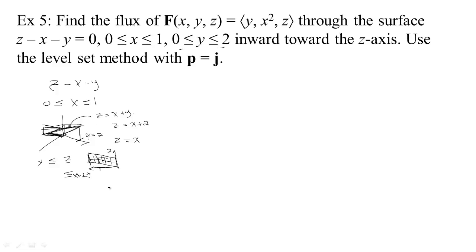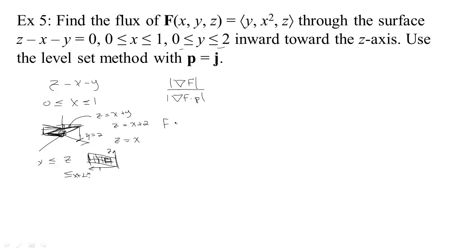That's a step forward. Now what we need to do is to get a conversion factor so that if we have a little patch of area here in the shadow, when we project down the y-axis, how do we get the actual area of the patch on the surface? Well, when we have it as a level set, then the conversion factor is the length of the gradient of f divided by the absolute value of the gradient of f dot the projection direction p.